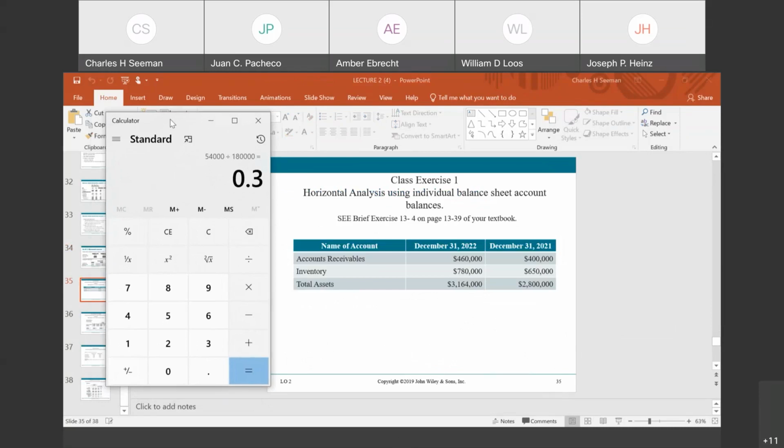So again, base year is the first year. Current year is the year that you're analyzing. And it's simply current year minus base year divided by base year.